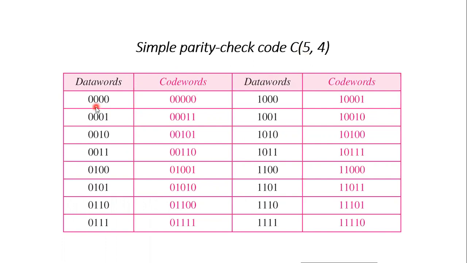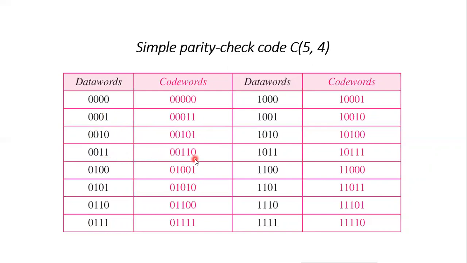So for a 4 bit data word, the code word is 5 bits. So for 0000, 0001, we use the parity here. Odd number of 1s, therefore 1. Then odd number of 1s, therefore 1.